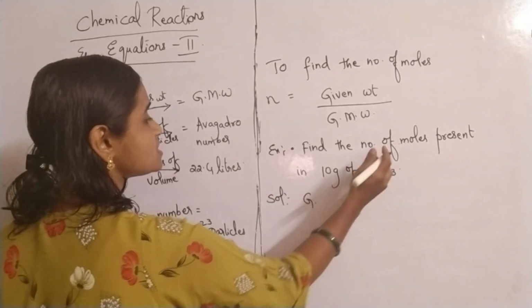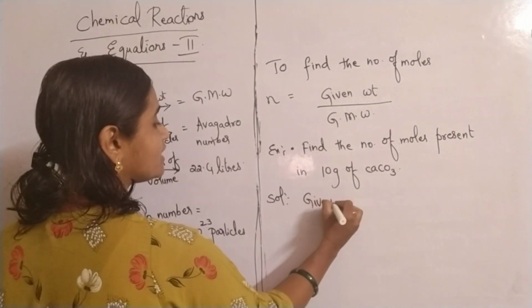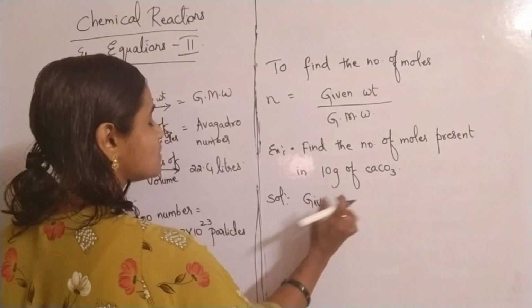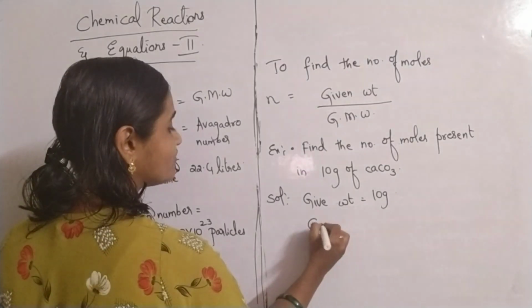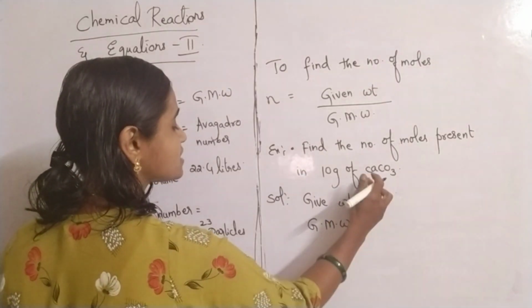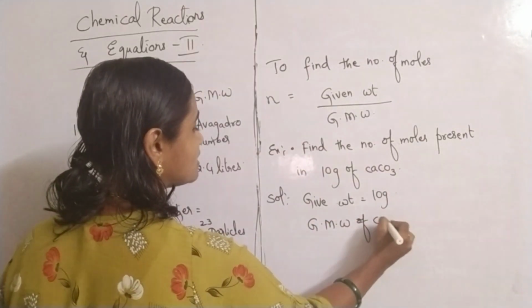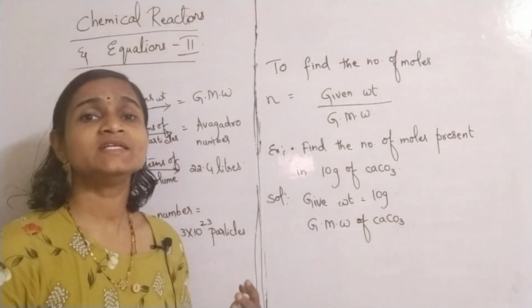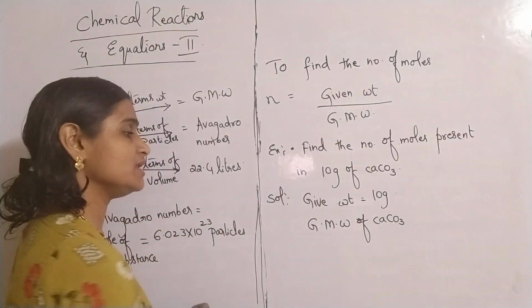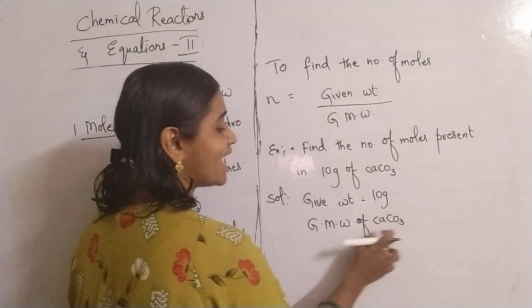Given weight is 10 grams. Gram molecular weight, GMW, of CaCO3, how much is it? You have to remember the atomic masses of elements from 1 to 30. Then it can be easily calculated.